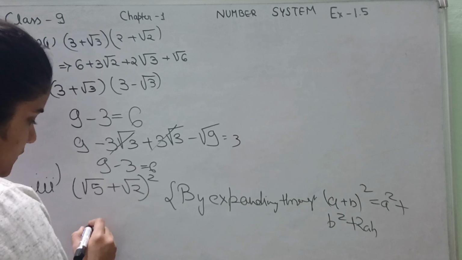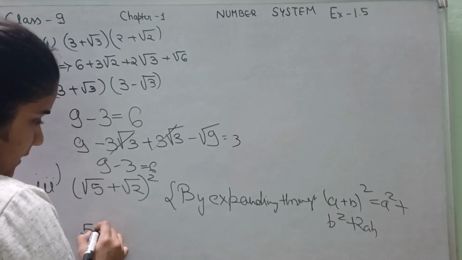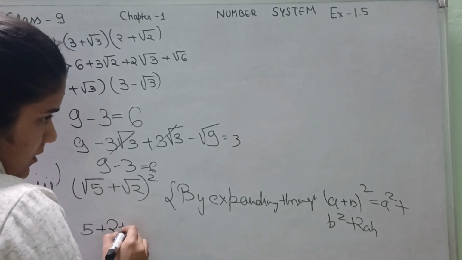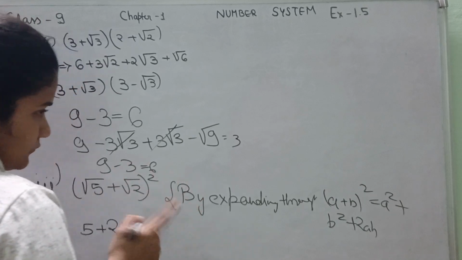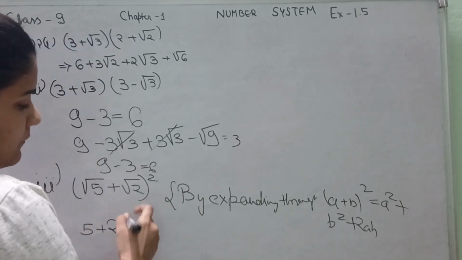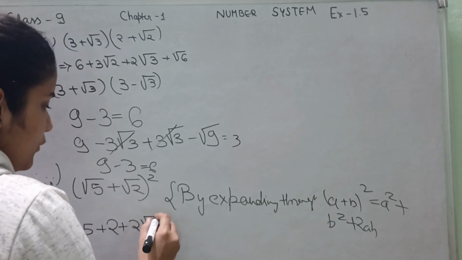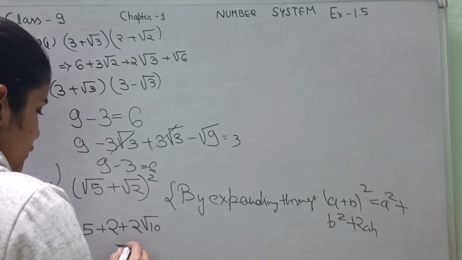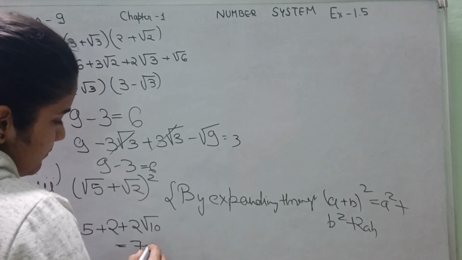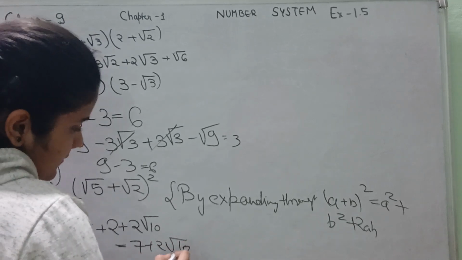So a square, which is 5, plus b square, which is 2, plus 2ab, root 5 into root 2, root 10, 2 root 10. So this comes to be 7 plus 2 root 10. This is your answer.